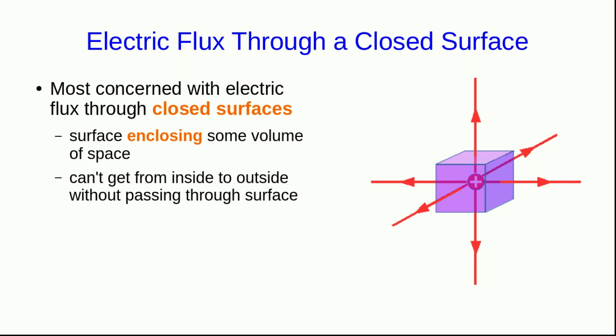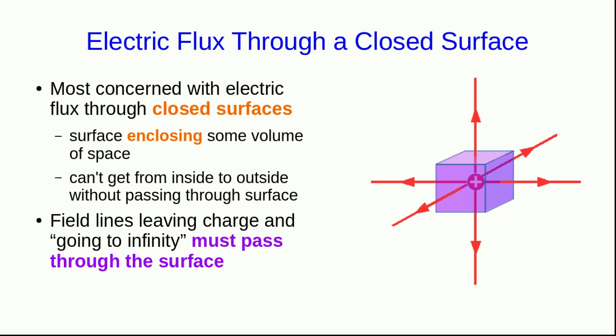Now notice that there are E-field lines which leave the positive charge. By definition, there have to be E-field lines leaving the positive charge. And since there are no negative charges nearby, all of those lines have to go out to infinity. Well, by definition, infinity has to be outside the surface, and so every one of those lines that leaves the positive charge must pass through the surface.